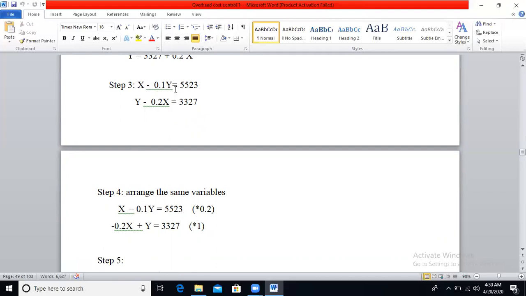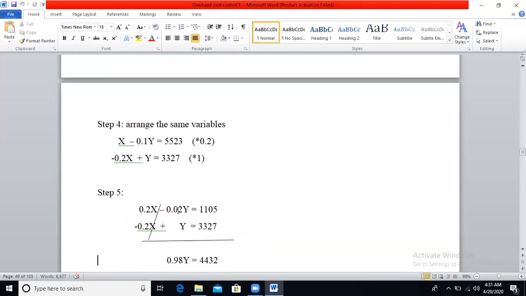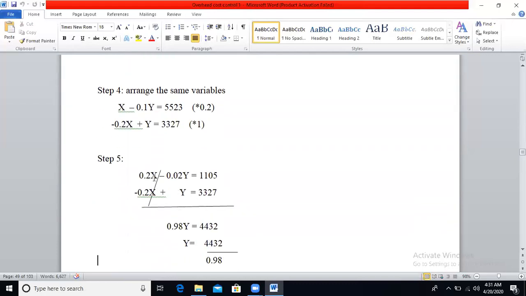For the second equation, below the X you consider the X value and below Y value you consider Y value only. So for the second equation, below X you have to consider minus 0.2X and below Y plus Y is equals to 3,327. Now, in order to calculate the X and Y value, you need to cancel any one value.